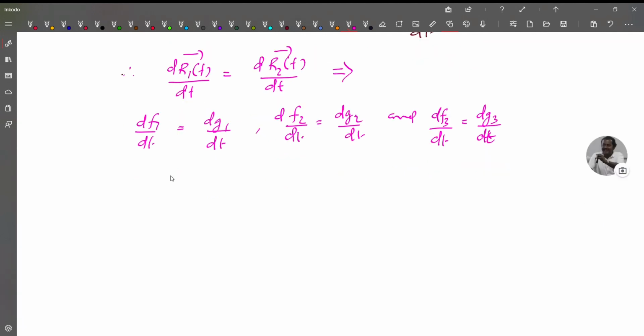Therefore, by calculus of real functions, f1 equals g1 plus some c1, f2 equals g2 plus c2, and f3 equals g3 plus c3.